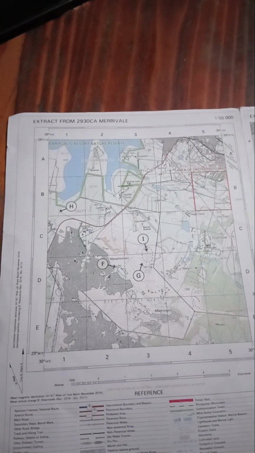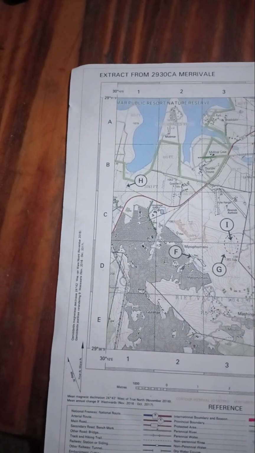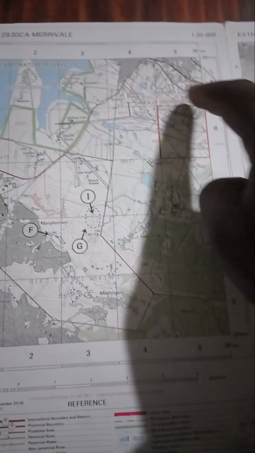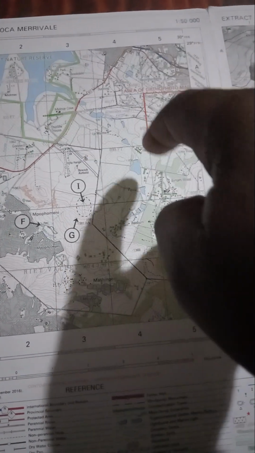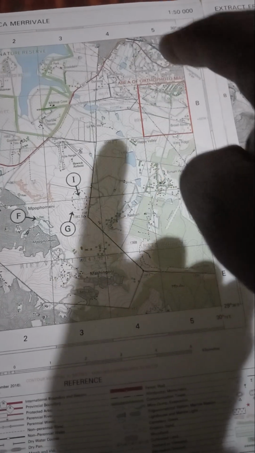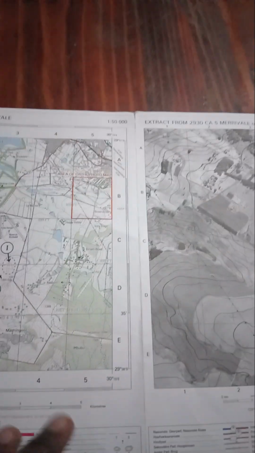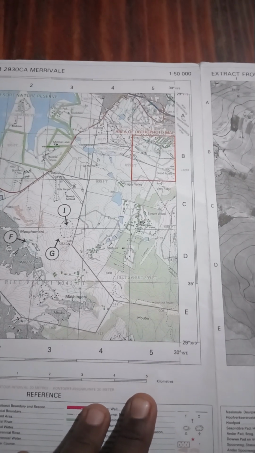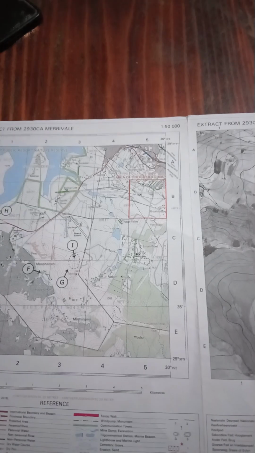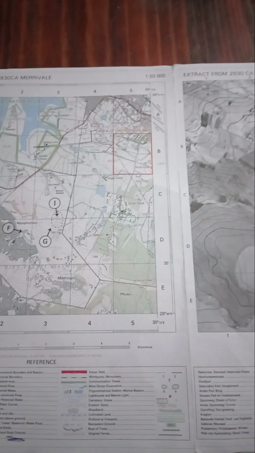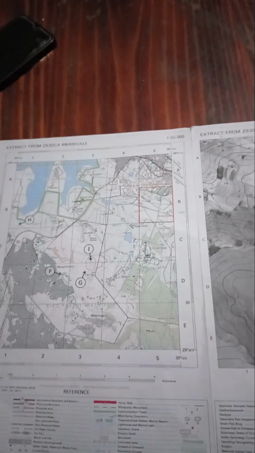They might say calculate the area of the demarcated part on the topographic map in meters. The demarcated area is this square box that is colored in red. So you must know that in kilometers it is 0.5 kilometers, but when they say in meters, it is 500 meters.